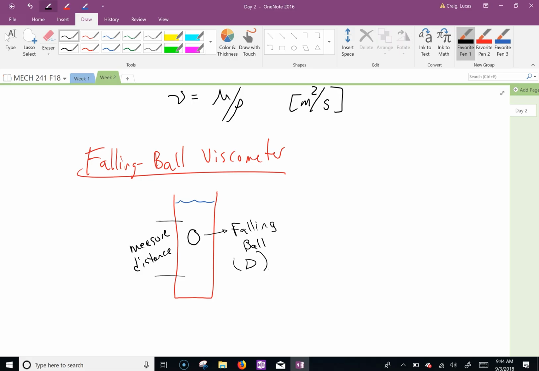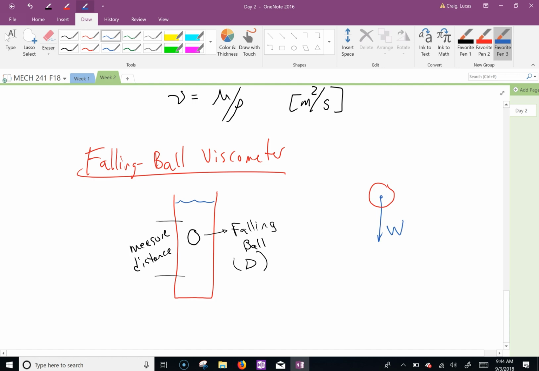All right, we also have to do one last thing on this ball to figure out the equation. Here's the ball. Anybody want to guess what we have to do on it? Free body diagram. Tell me a force acting on this. Gravity. I'm going to call it W, which is weight.